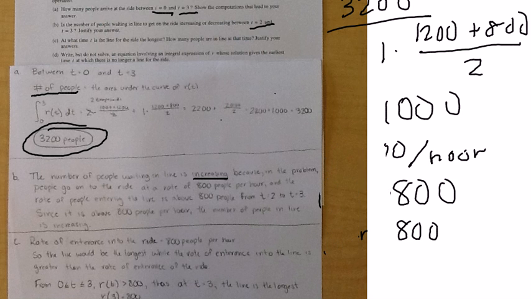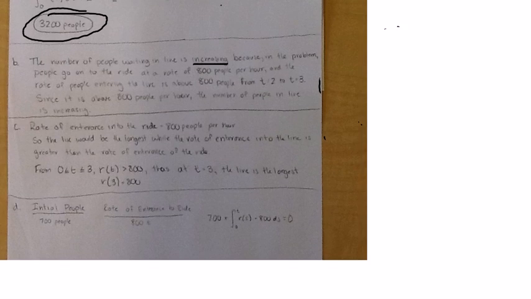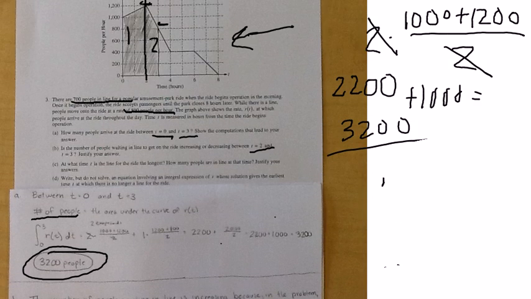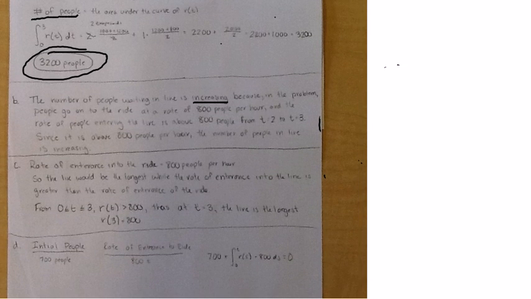So now for C, we have to find out when the line is the longest, at what time T is the line the longest, and how many people are in the line at that time. So for here, we know that the rate of exit from the line is 800 people per hour.